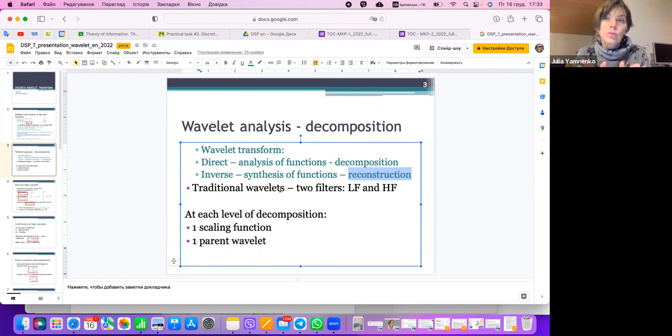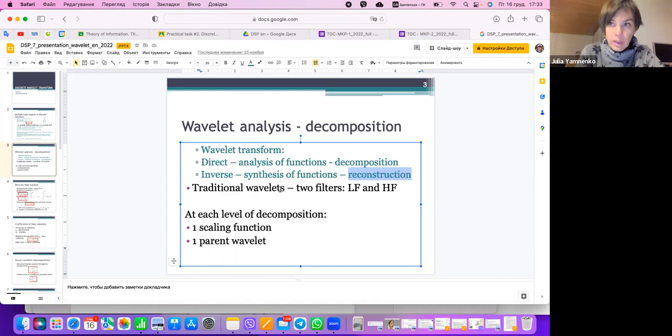It's like two data streams, for the low frequency component and the high frequency component. But the interesting thing is that we do the same not only once, we do it at different steps, and the number of steps could be quite big. And this number actually depends on how many digits we have in the original function.